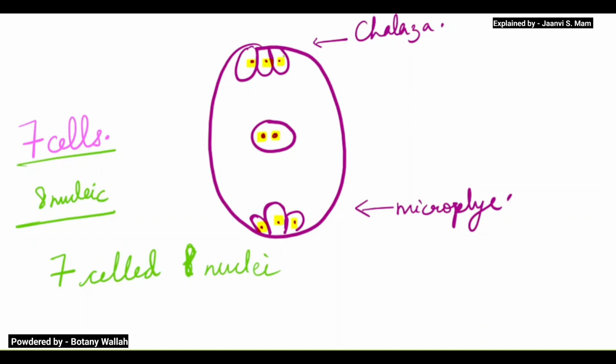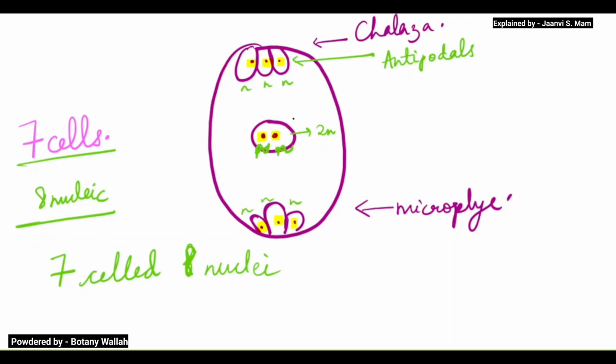Okay, the above 3 cells are known as antipodals. And what are all these cells? Haploid. This is haploid, haploid, haploid. This one nucleus is haploid, those 2 nuclei are haploid. All cells here are haploid. The middle cell will have n plus n, which you can say is 2n as a whole, because it's just one cell but the nuclei have not fused.